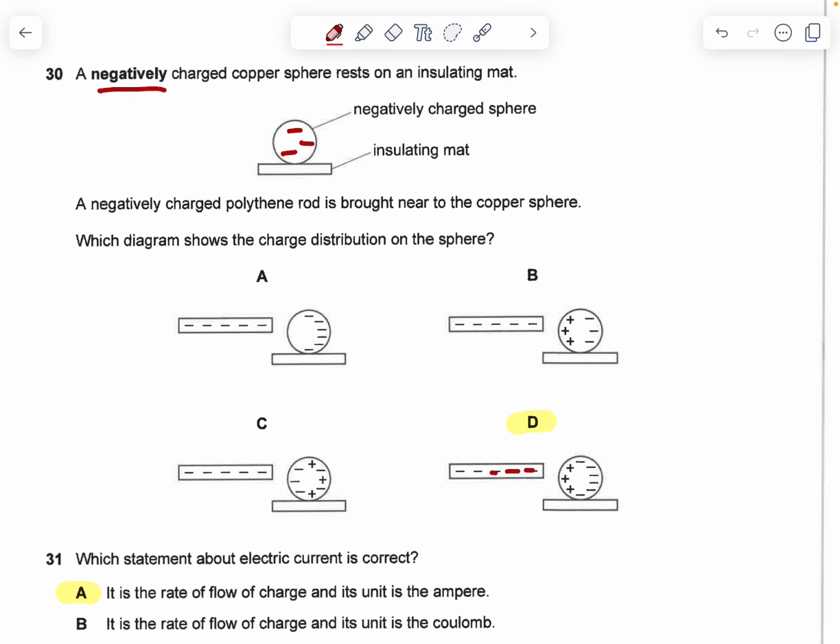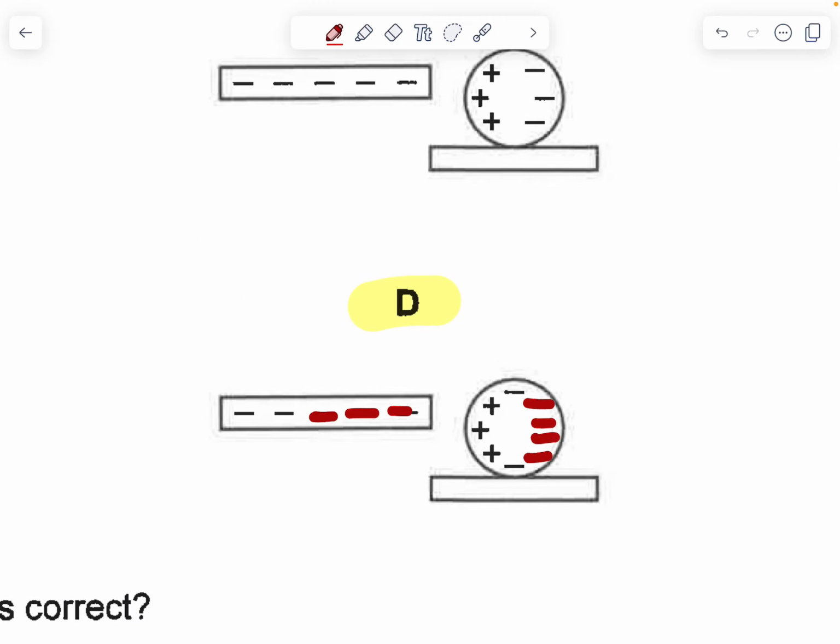The negatively charged rod should repel the electrons to the other side of the sphere. Because initially it has 3 additional charges, in total it should have 3 to counteract the positive charges and the previous 3. So it actually should have 6 charges.